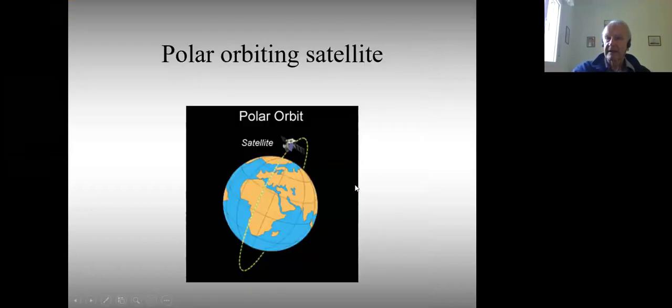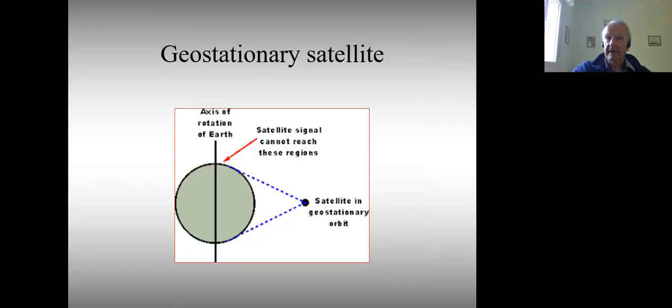Here is one example of a polar orbiting satellite, and you can see that it's doing this kind of orbit. Geostationary, on the other hand, is put so that it looks at the equator, so its signal really cannot reach the polar areas.